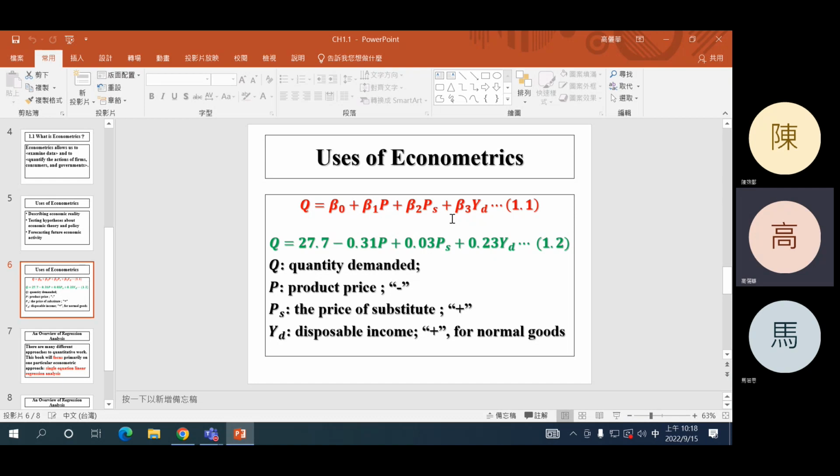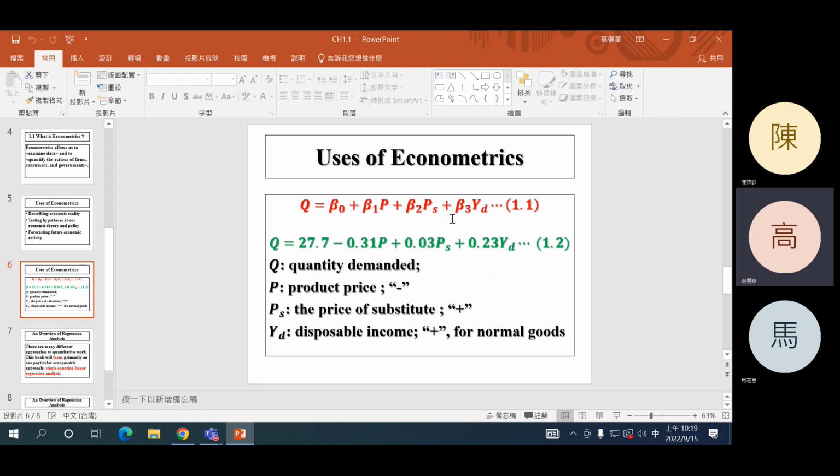Then anything else? The second one will be the price of substitute. What do we mean by substitute? Anything except the iPhone, maybe any other brand of cell phone. So this is what we call the price of the substitute.